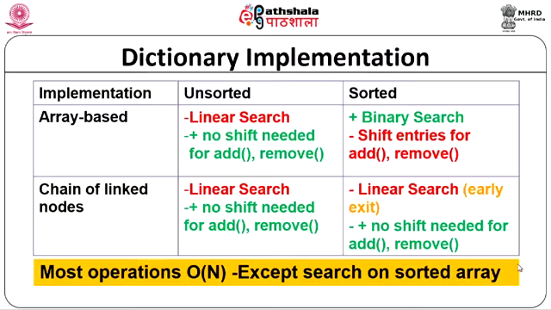With binary search you have to shift entries, and for chain of linked nodes again it is a linear search with no shift, and for chain of linked nodes sorted also it is a linear search with early exit, no shift needed. But most operations in any of these implementations require of the order of n, except for search on a sorted array. So, this is a problem that we are trying to solve using hashing.